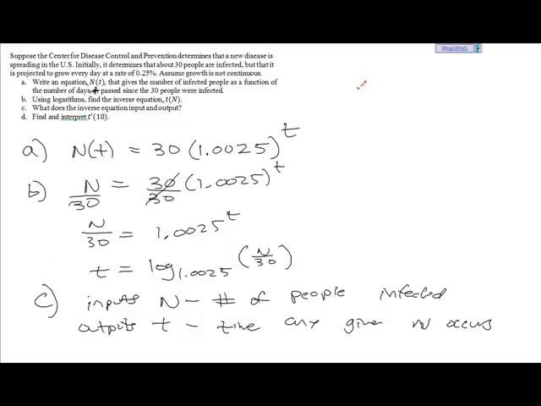So if we do an example, then we can say, well, what about t of 60? When would I expect 60 people to be infected?